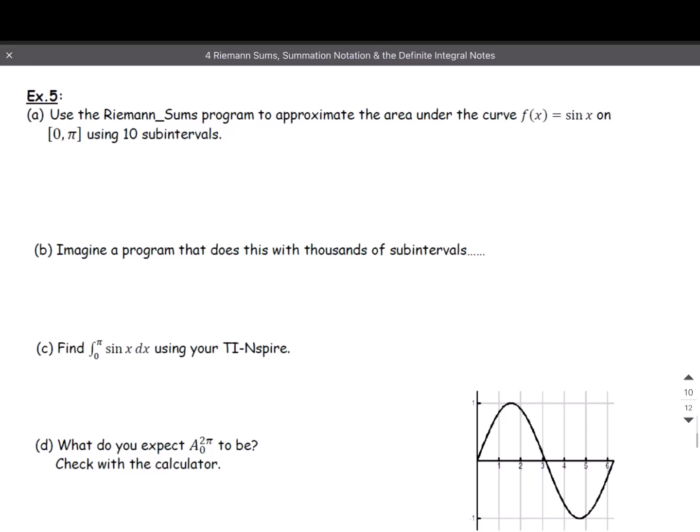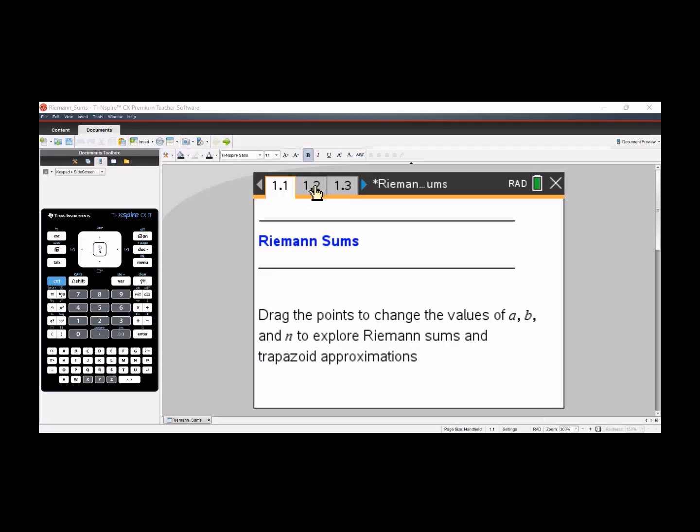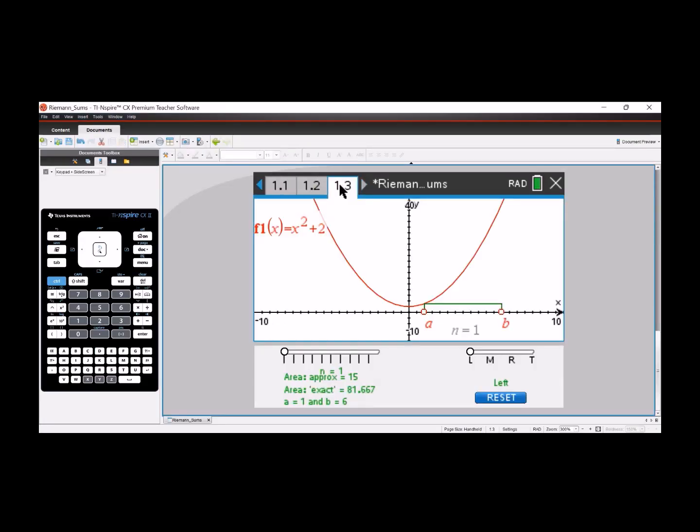So the first thing I want to do is I want you to use your Riemann sums program, and we're going to approximate the area under the curve f of x equals sine x from 0 to pi using 10 subintervals. Let's go get that. So here we are back in the Riemann sums document. We're going to come over here to our f of x, and we're going to change this function to sine x.